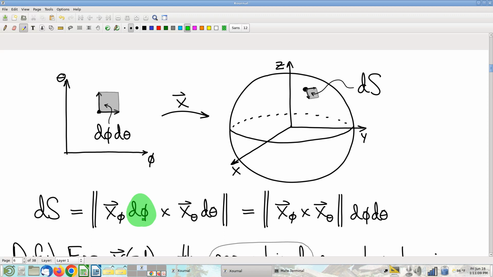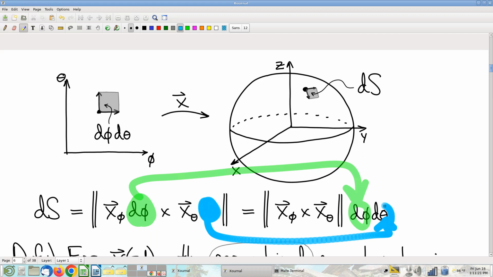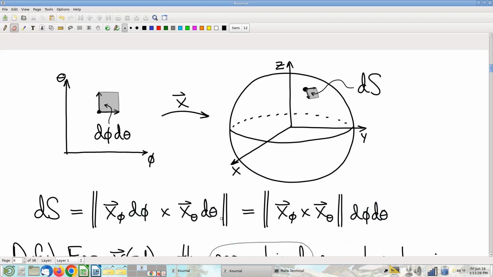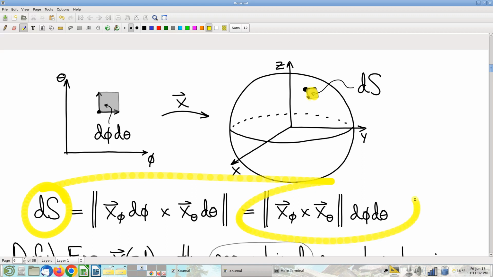And as long as it's not negative, it will factor right out of the magnitude calculation. And so this d phi just factors right out. And likewise, this d theta factors right out, thus giving me now a different formula for this piece of surface area over there. That little piece of surface area is this.